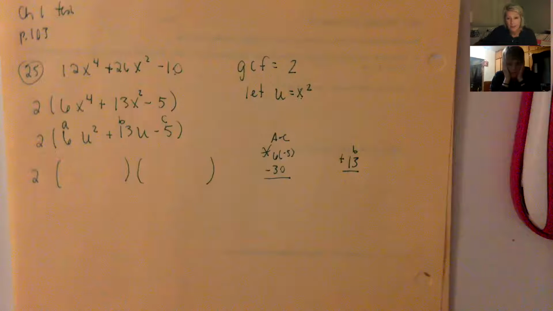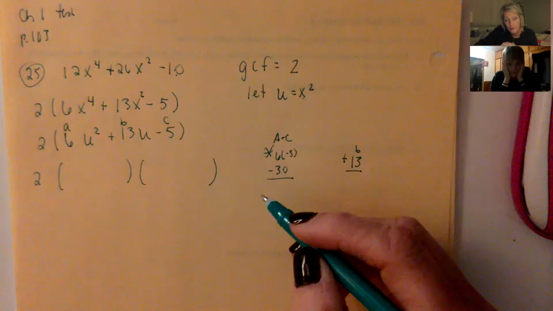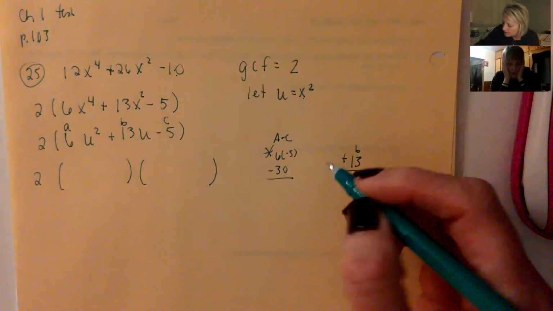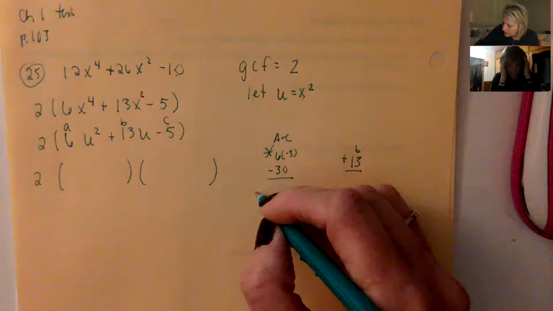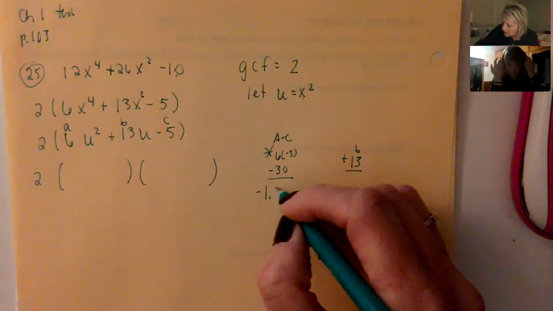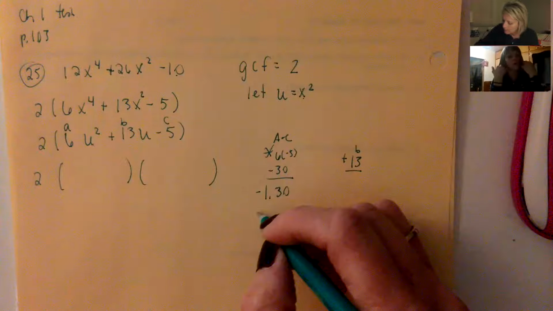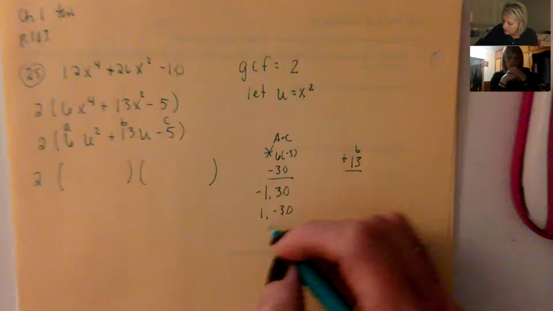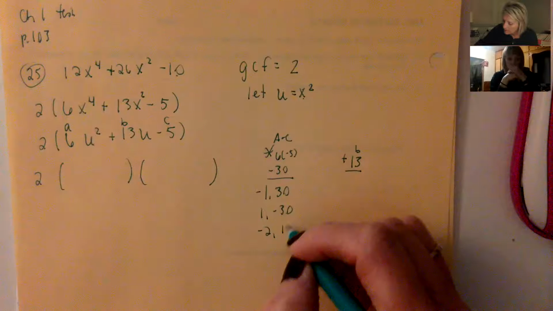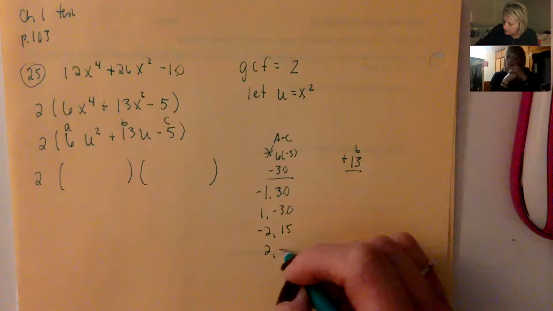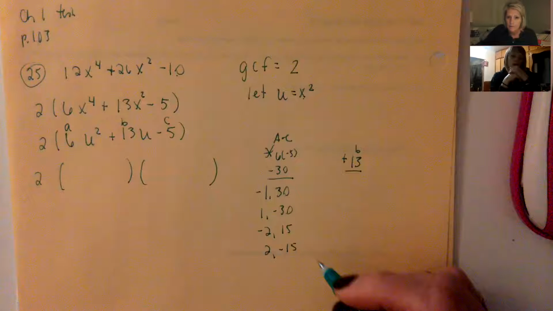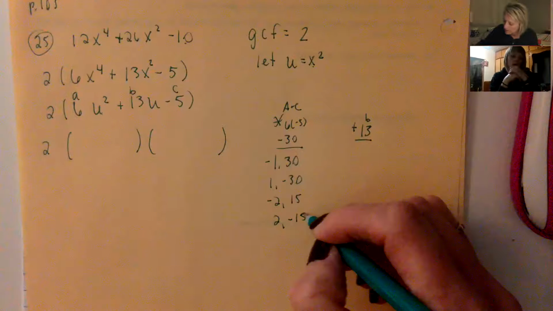You might have already thought about those numbers, but I'm going to go through my list. I've got negative 1 and 30, 1 and negative 30, my 2 and 15 combination, negative and positive, because they have to multiply to make a negative.